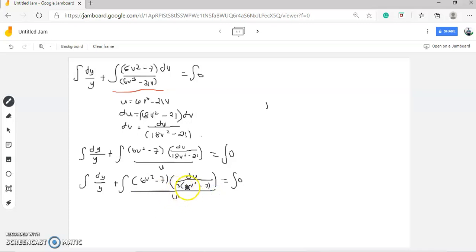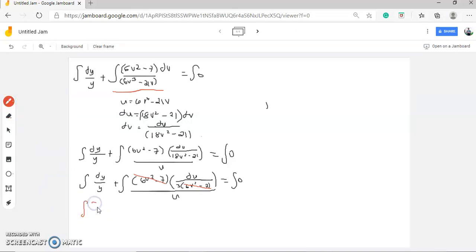So 3 times 6, that is 18, right? V squared. 3 times 7, that is 21. So therefore, this form represents this one, diba? And this one happens to be the same. Okay? It happens to be the same. So therefore, we could cancel that out and simplify it further.